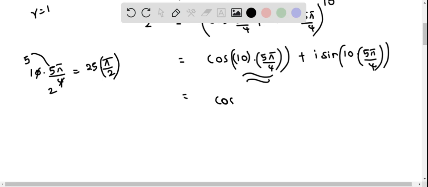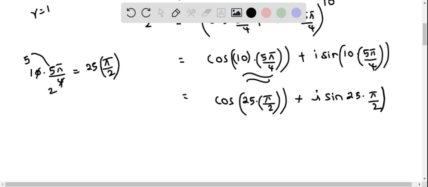So we are going to write cosine of 25 times π/2. We specifically write in this format so that we can determine the value quite easily. And then plus i sine 25 times π/2. So now we have to determine this cosine value as well as this sine value.